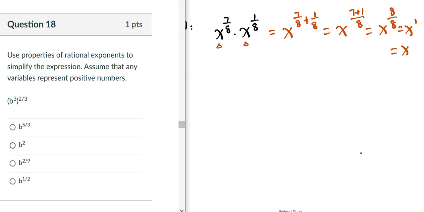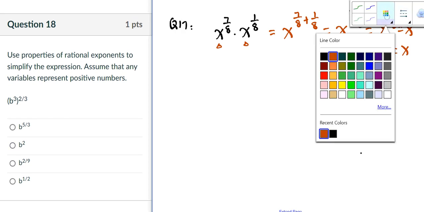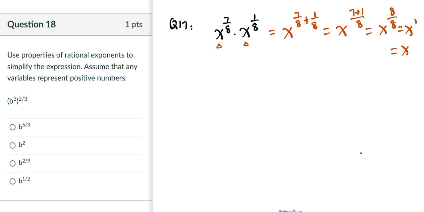That was 17. Here is 18. Now this is different. Here is b cubed, then to the exponent 2/3. Instead of adding 3 and 2/3, you should do multiplication right here. So 3 times 2/3.